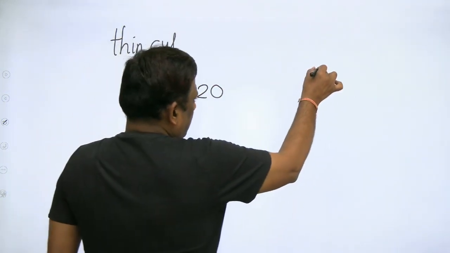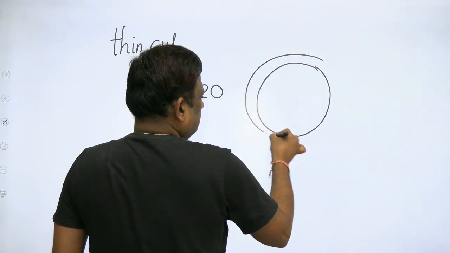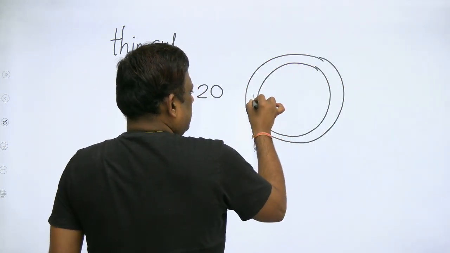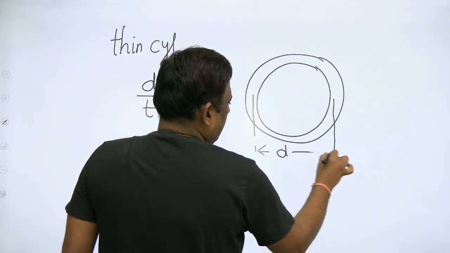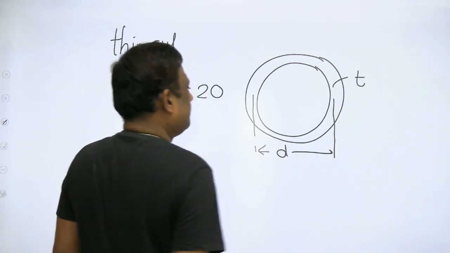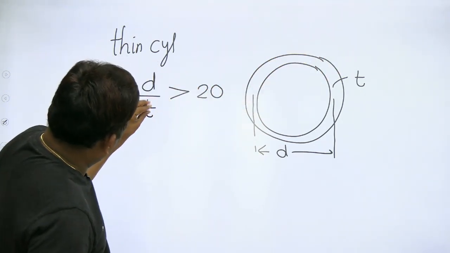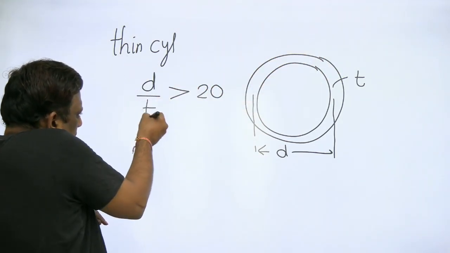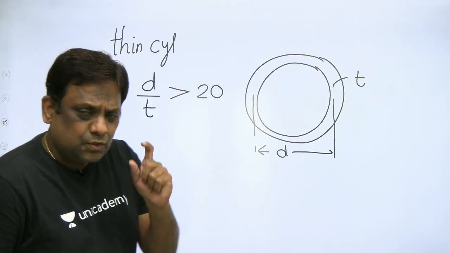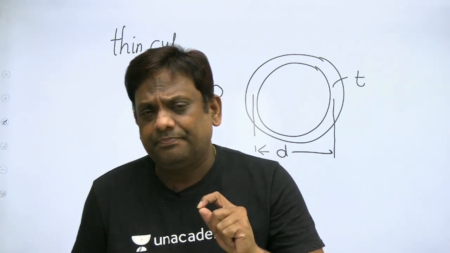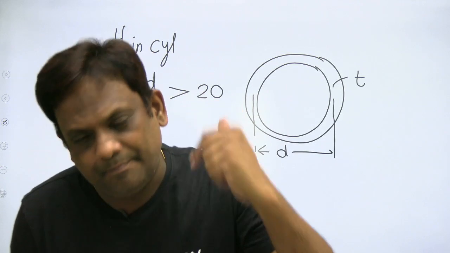For example, let this be the cylinder. Let this be the mean diameter d and the thickness is t. If t is very small, this value will be more. So I have taken a condition where one of the dimensions, in this case thickness, is very small.